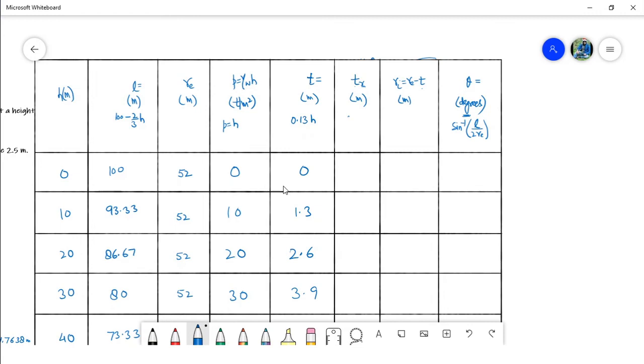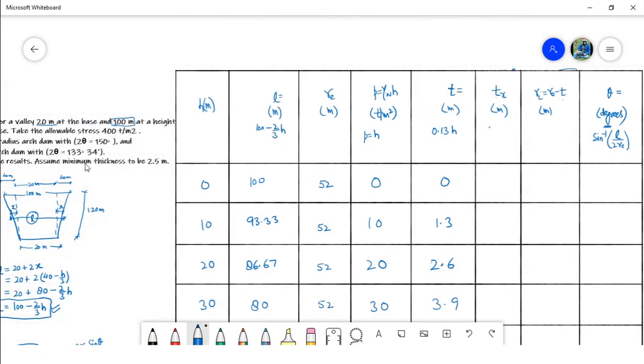We have to ensure a certain minimum thickness. For that, in our problem, it is given that we have to assume the minimum thickness to be 2.5 meter.